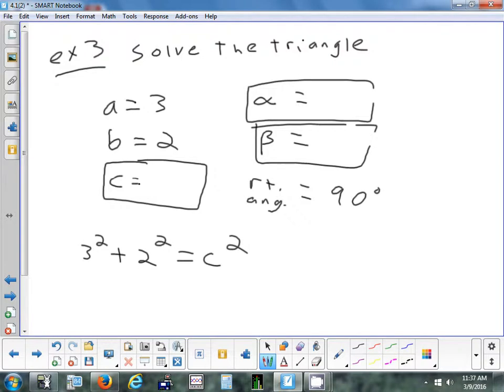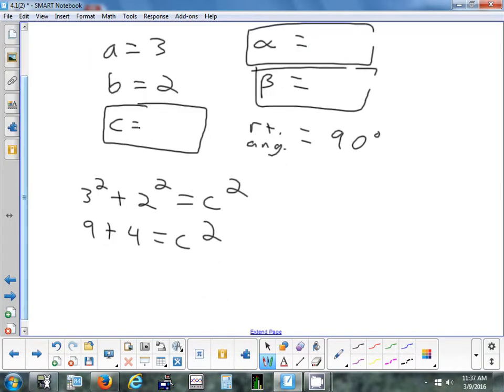Austin, what's 3 squared? 9. And 2 squared? 4. All right, so we get 9 plus 4 equals c squared. Add up 9 and 4, we get 13. And what's my last step? How about Bailey?